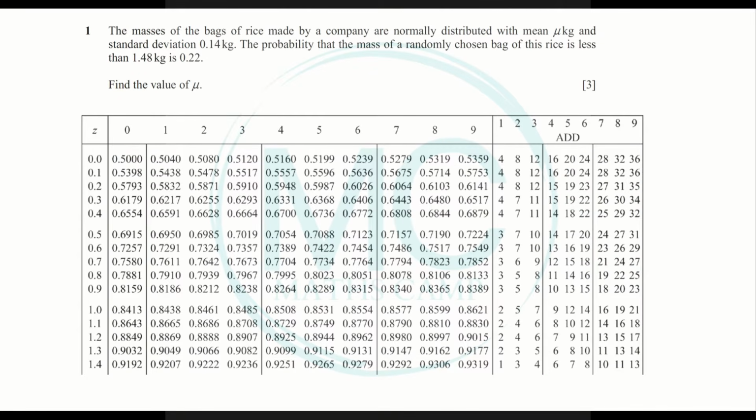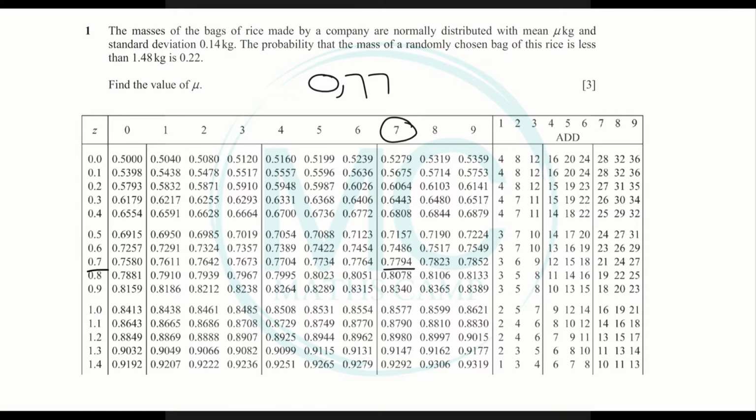Now, we don't get 0.78 directly in our table, but the closest we can find is 0.7794. Always look for the number that is smaller than the value we're looking for. For this value, we can see that z is going to be 0.7. In this column, we have another 7, so 0.77.